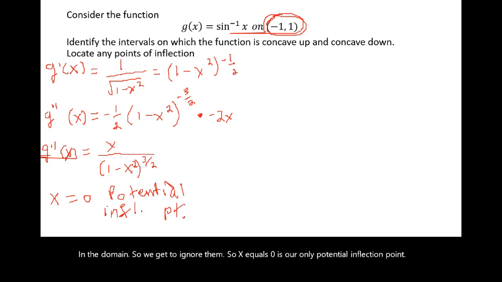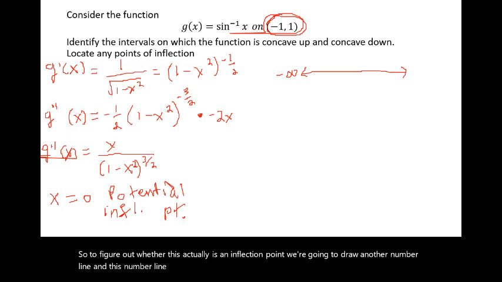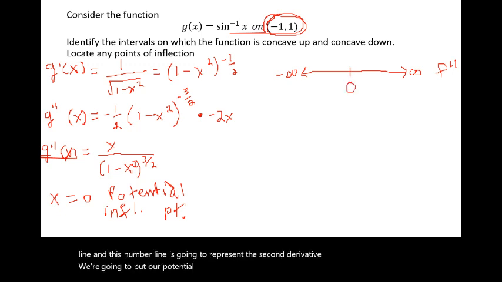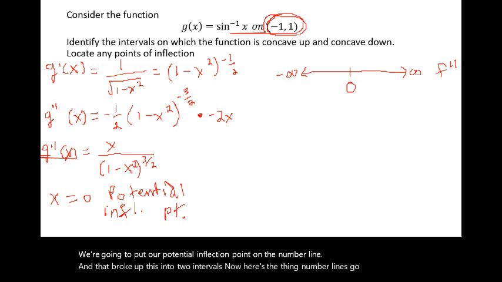So to figure out whether this actually is an inflection point, we're going to draw another number line. And this number line is going to represent the second derivative. We're going to put our potential inflection point on the number line, and that broke it up into two intervals. Now, here's the thing. Number lines go from -infinity to infinity.